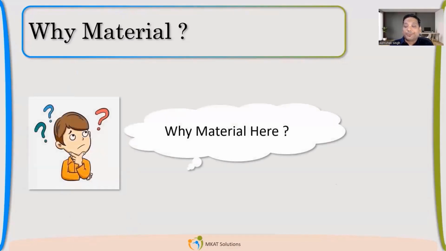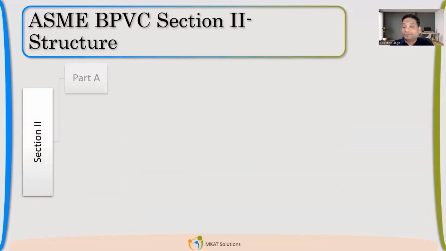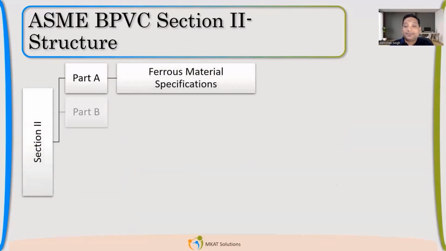Great. So again, the same question, why the material, what are the missing things which are not there in other places, and we want to cover here. So we mostly have discussed that. See that in part A, there are specifications of material.